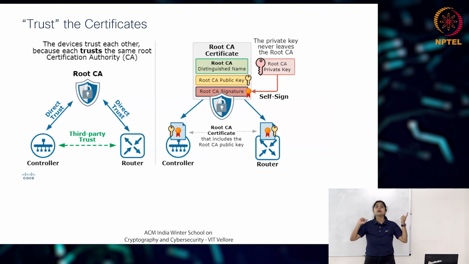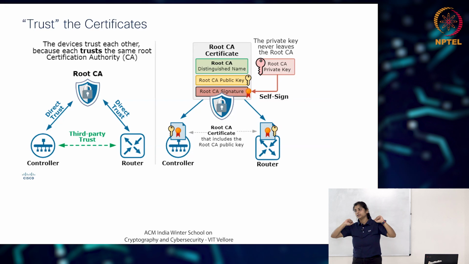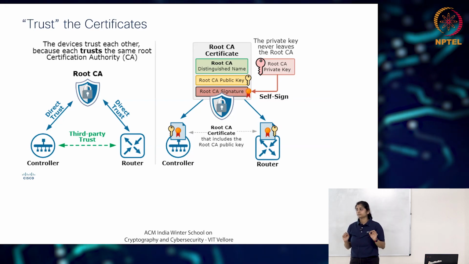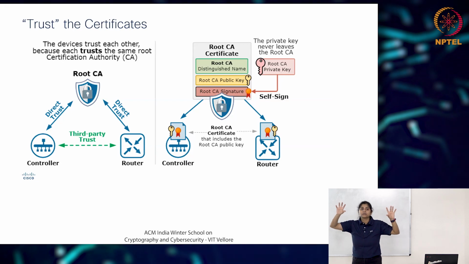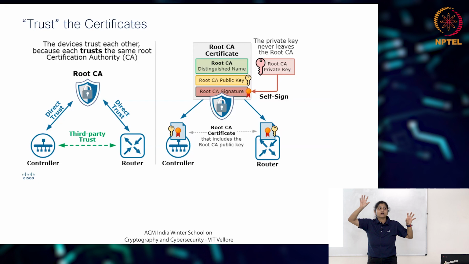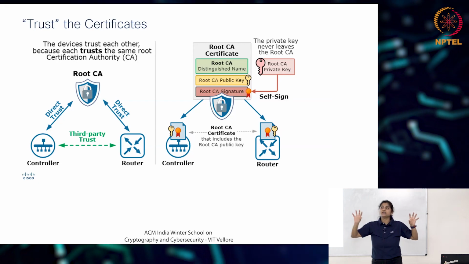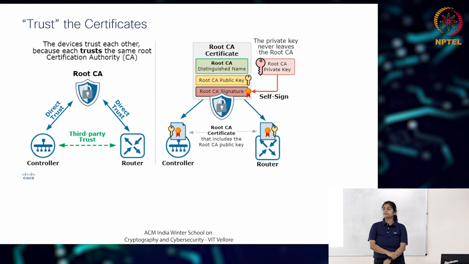Now, if they want to use certificates instead of PSK, what should we do? What should be the process? Should the certificates be issued to these two devices? Should there be a common CA? Should there be an individual CA to both of these devices?